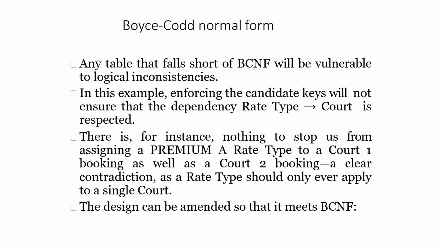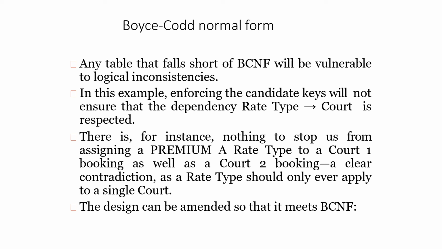Any table that falls short of BCNF will be vulnerable to logical inconsistencies. In this example, enforcing the candidate keys will not ensure that the dependency rate type determines court is respected. There is, for instance, nothing to stop us from assigning a Premium A rate type to a court 1 booking as well as a court 2 booking.